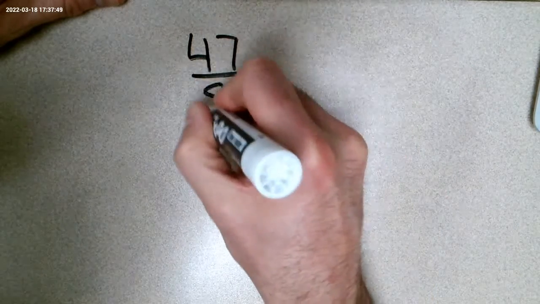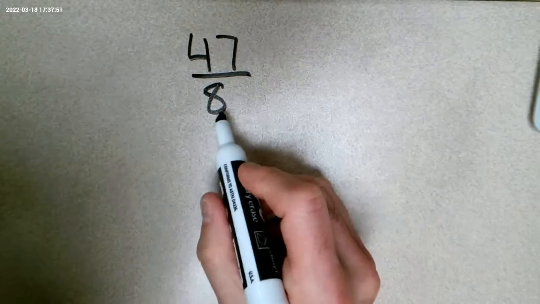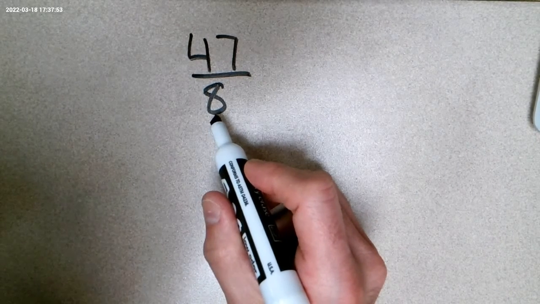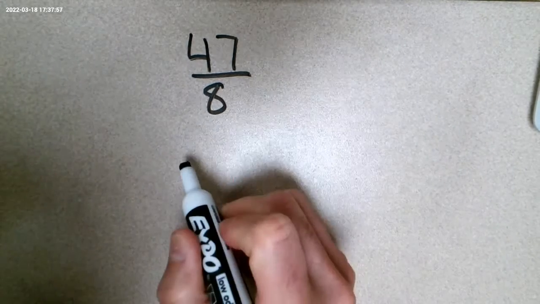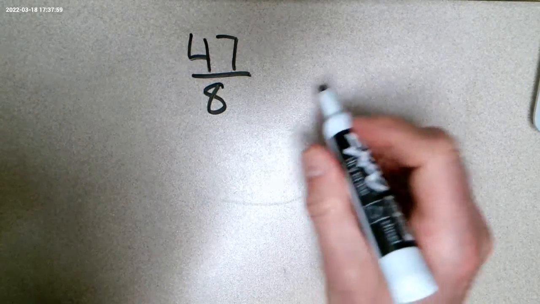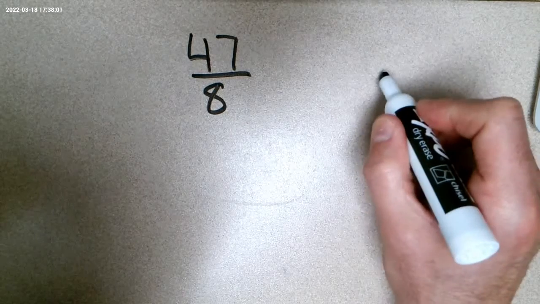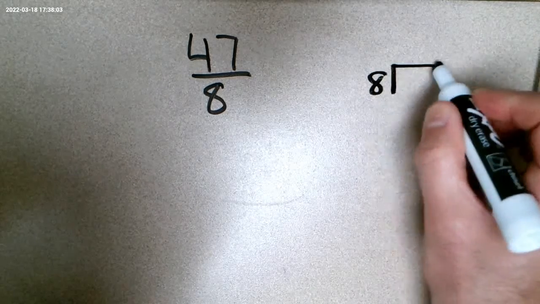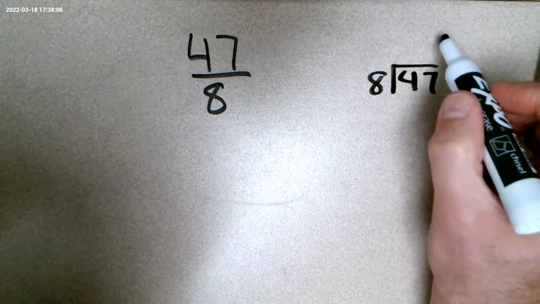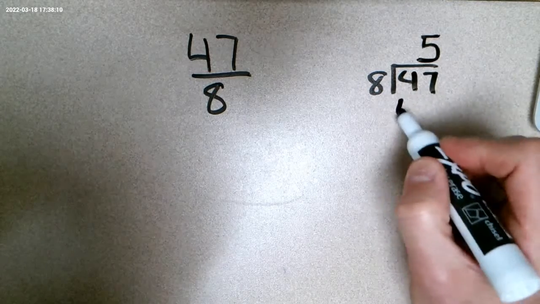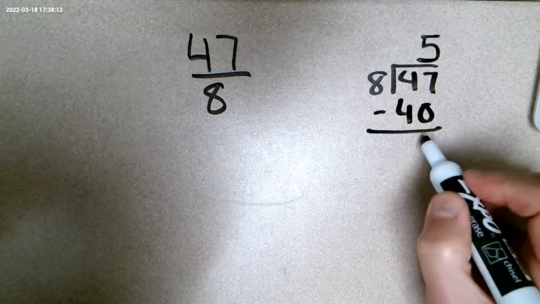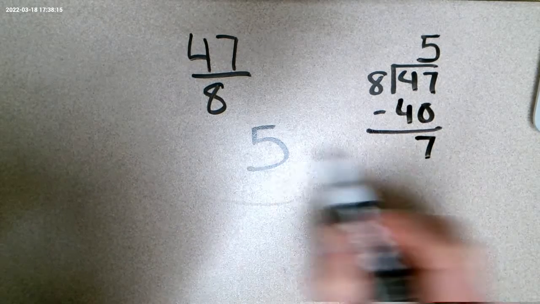Let's take a look at another fraction problem like that, just to really get it down. In this case, let's do 47 over 8. So I'm looking at my multiples of 8. I know 8 times 5 is 40, 8 times 6 is 48. So 8 times 5 would work, right?